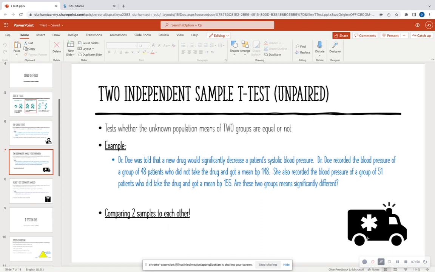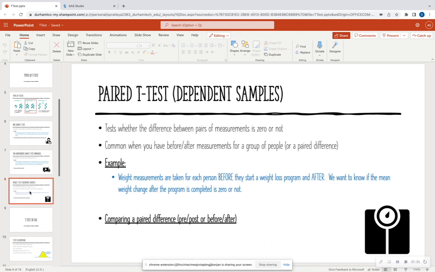Okay. So our next and final t-test is going to be the paired t-test, which we call dependent samples, okay? This is the before and after, or pre and post. So you're testing whether or not the difference between pairs of measures is 0. It's common when you have before or after measurements for a group of people, or that you have a paired difference.